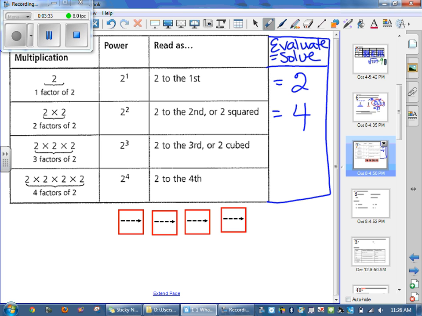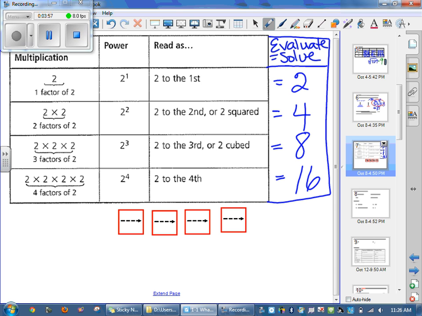What is 2 cubed equal to? Not 6, nice try though. 8. Yeah, you're not adding, you're multiplying. And then the last one, 2 to the 4th power. 16. Good.